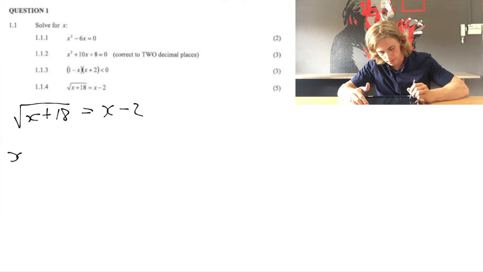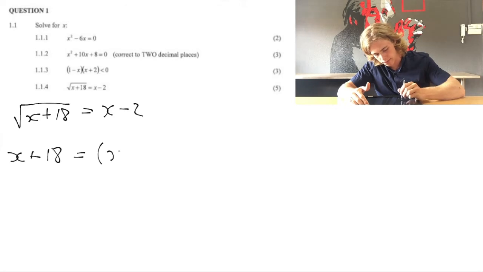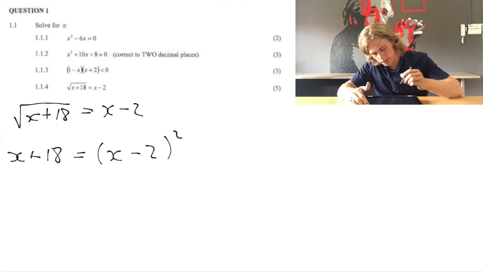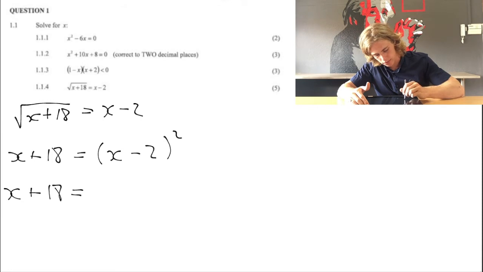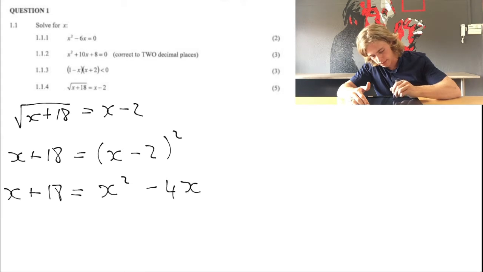So we'll have an x plus 18 equals, on this side we'll have x minus 2 squared, and that's going to give us x plus 18 equals x squared minus 4x plus 4.